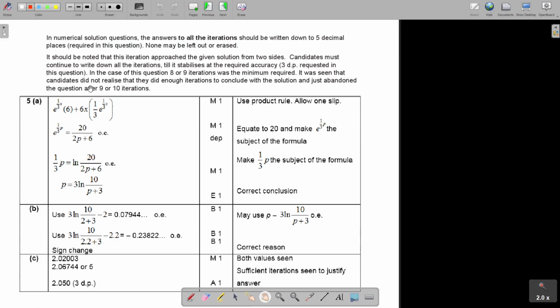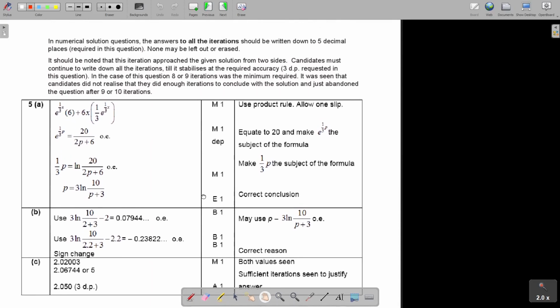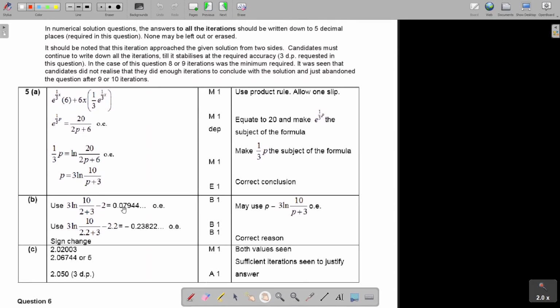It was seen that candidates did not realize that they had done enough iterations to conclude with the solution and just abandoned this question after 9 or 10 iterations. Okay, but as I said, it was quite a lot to write. Okay, there's the answers. There also is the answers.